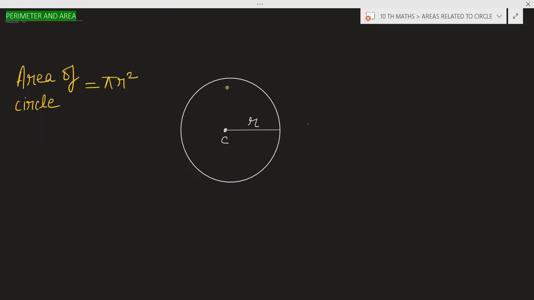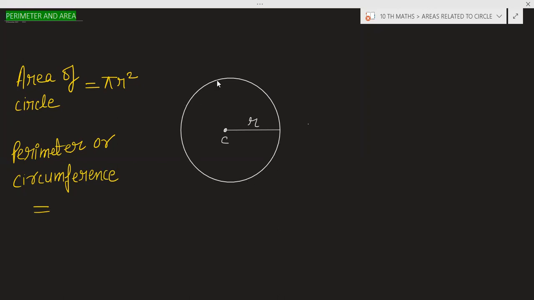Now, if I am talking about the perimeter, or if I am saying circumference, what does it mean? Circumference means the boundary of the circle, the length of the boundary of the circle.